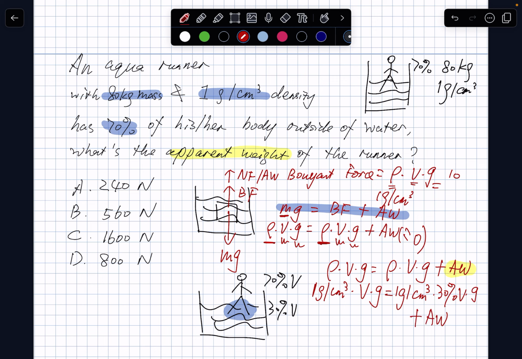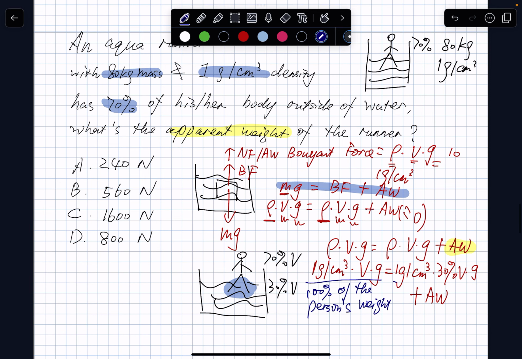All right, so you can see that this part of the equation is 100% of the person's weight, whereas this part is 30% of the person's weight. Okay, do you see the math here?